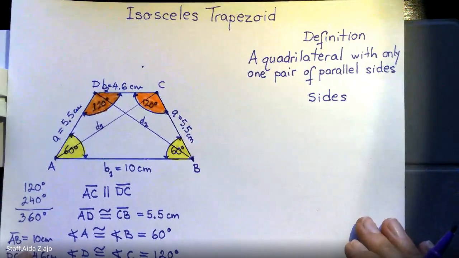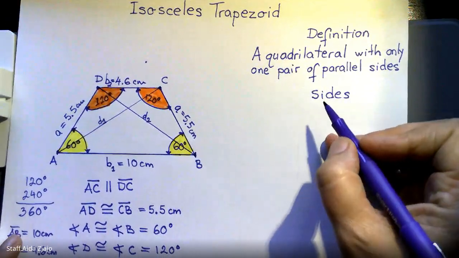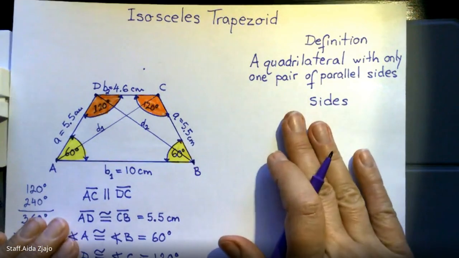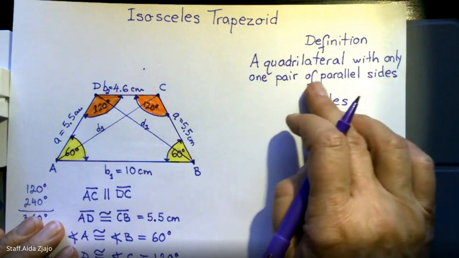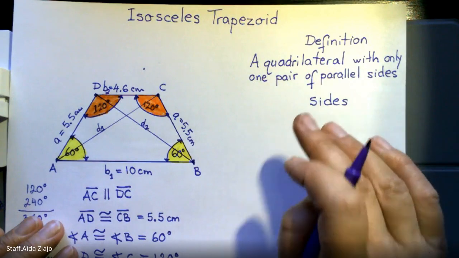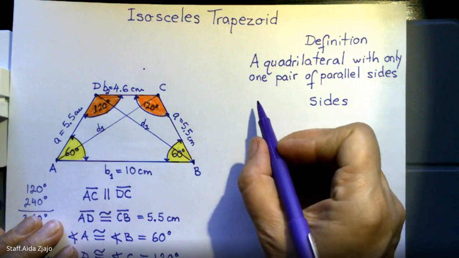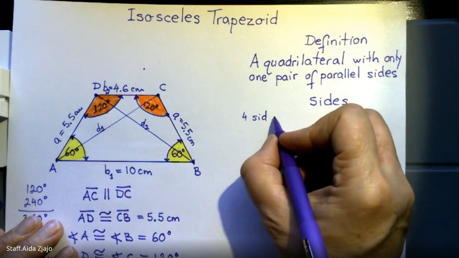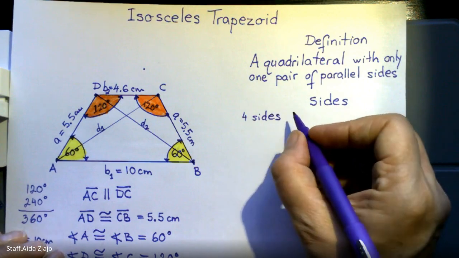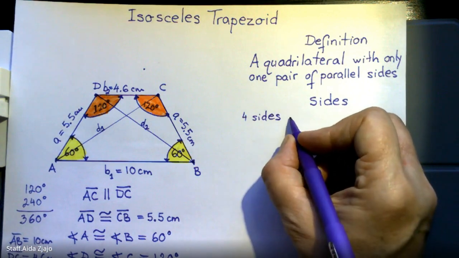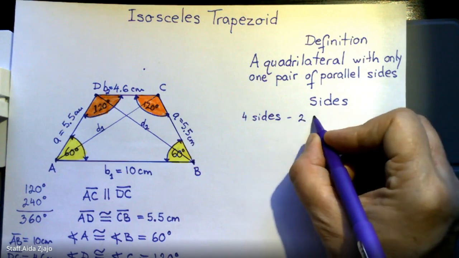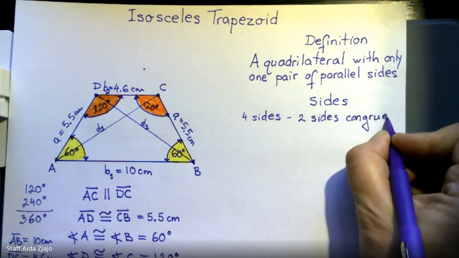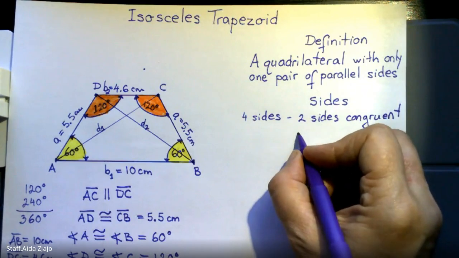We can explore the sides. On the side, we can write that there are 4 sides. So if we write the definition, a quadrilateral with only one pair of parallel sides, but for the isosceles trapezoid, we have 4 sides, and 2 sides are congruent and 2 sides are parallel.